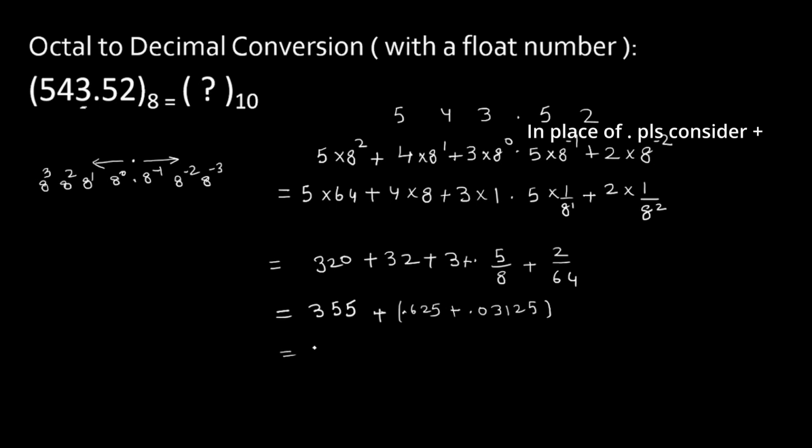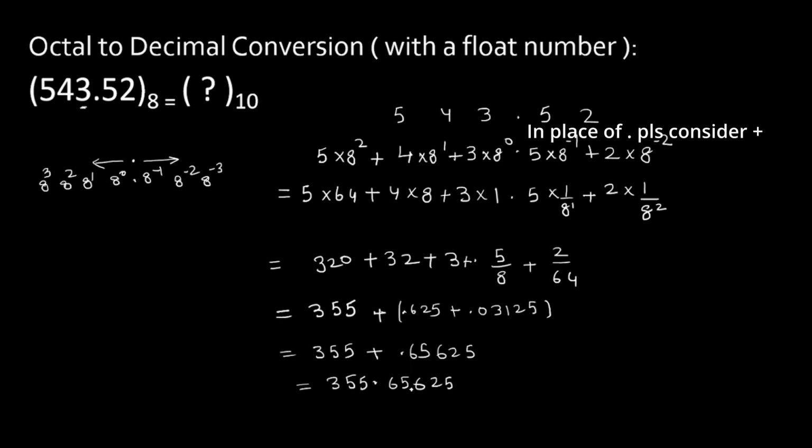So over here, this would be 355 plus, when we add these numbers, we will get 0.65625. So the number would be 355.65625.